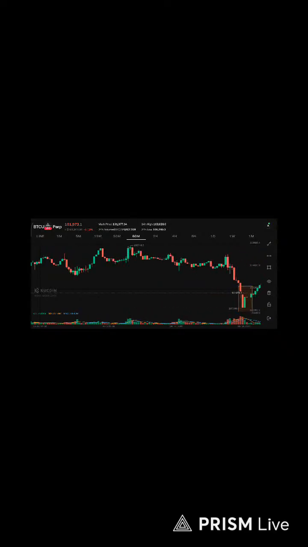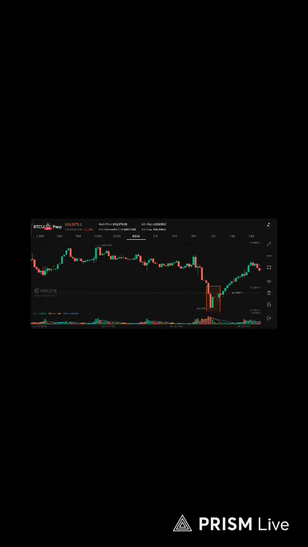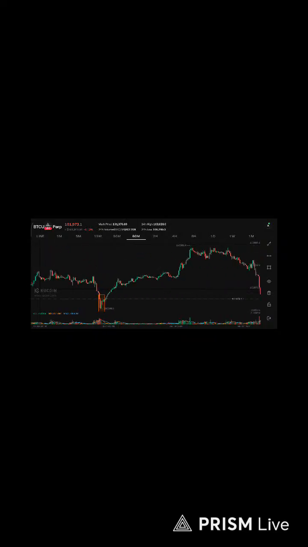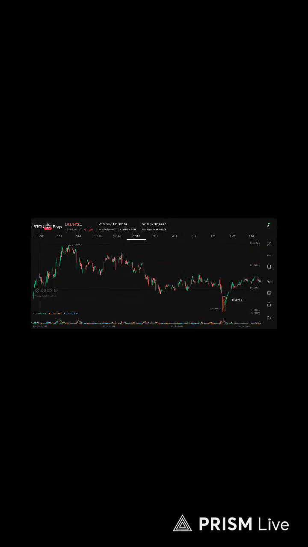So this is the example of the bullish HARAMI candlestick pattern. You first of all see that this market was in a downtrend, right?